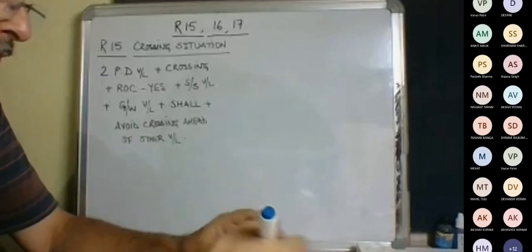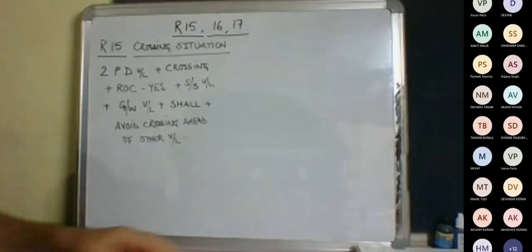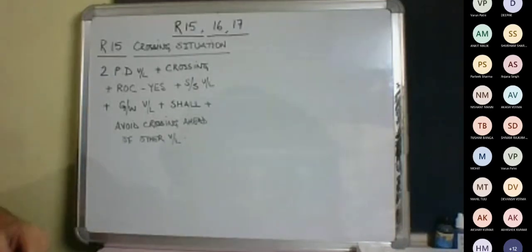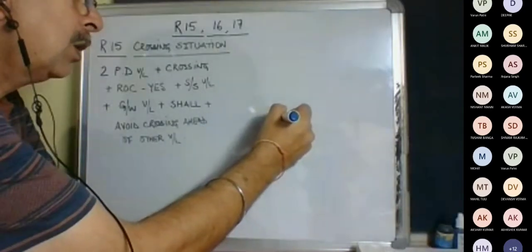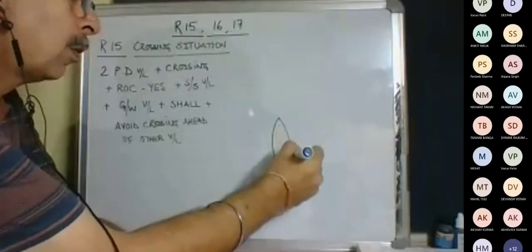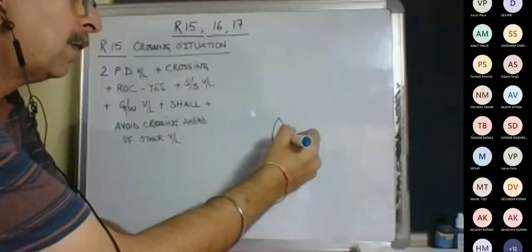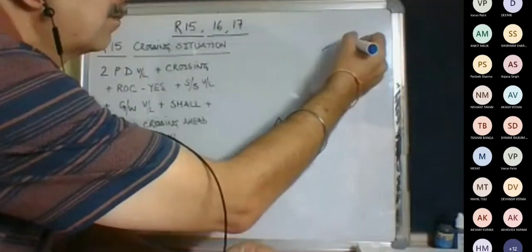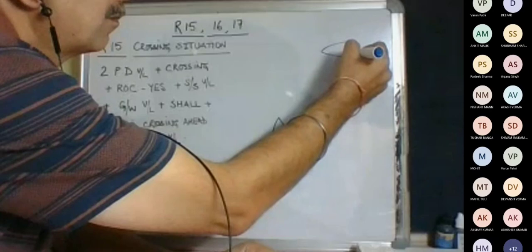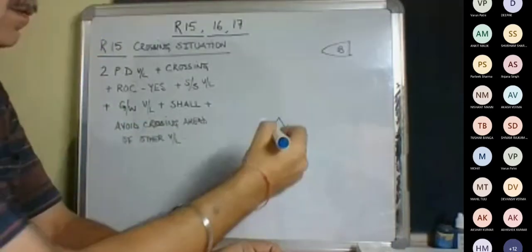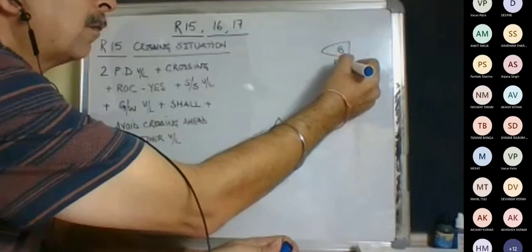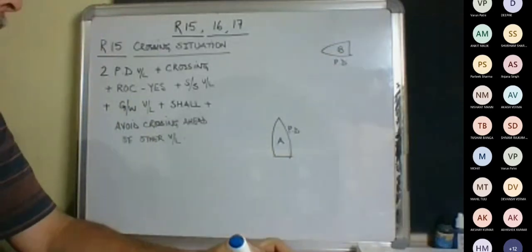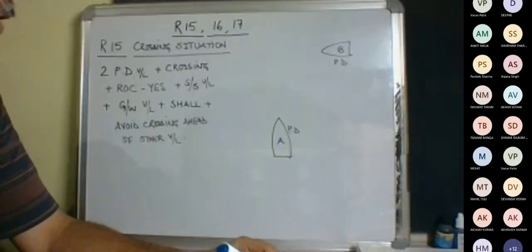Okay. So let's try to understand the meaning of it. So I have a situation. Vessel A, vessel B. Both are power driven vessels. So rule number 15 is applicable.